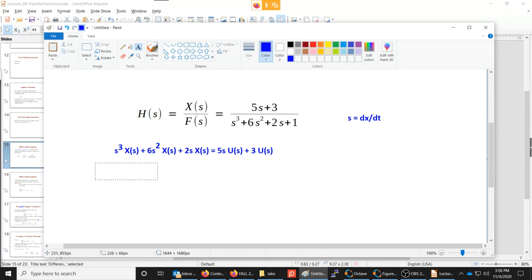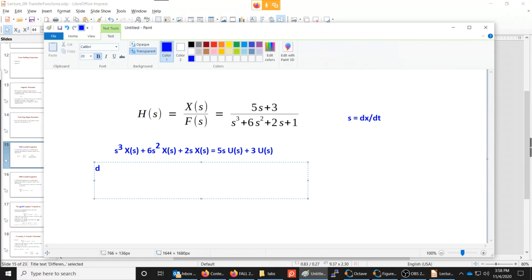Then I can rewrite this in the time domain as d to the third x of t dt, plus 6s squared x of t, plus 2s x of t, is equal to 5 du dt plus 3 u of t.